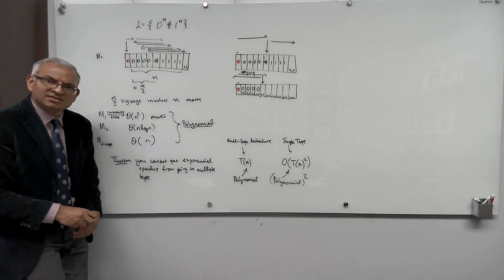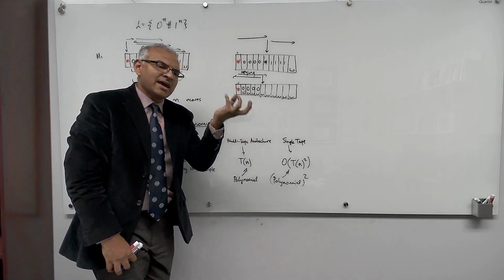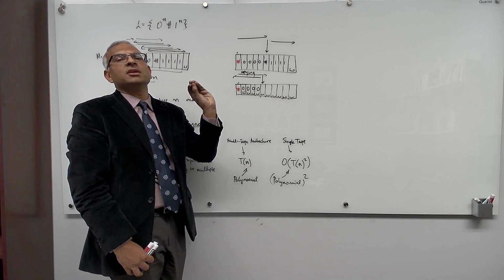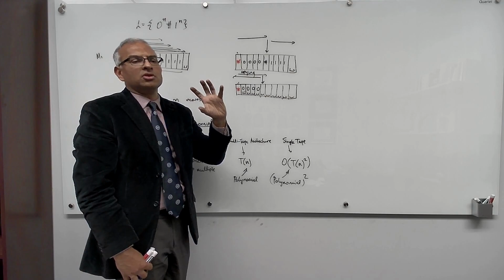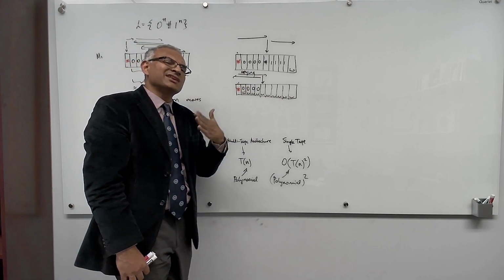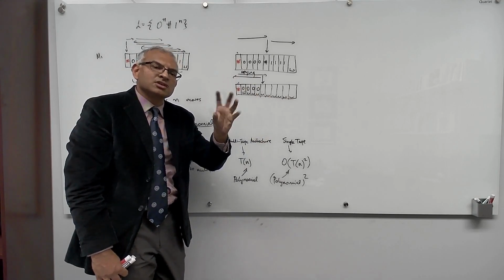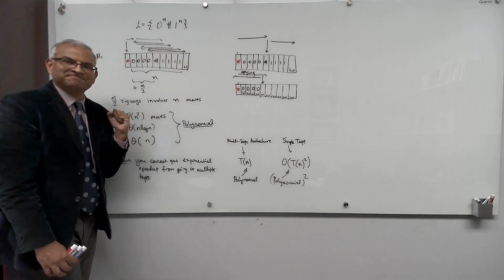This is one of the things that justifies the notion of polynomial as a sought-after property of an algorithm. We like our algorithms to be polynomial, and we don't distinguish between n and n squared, not because in practice they are the same, but because polynomial is polynomial on any architecture.